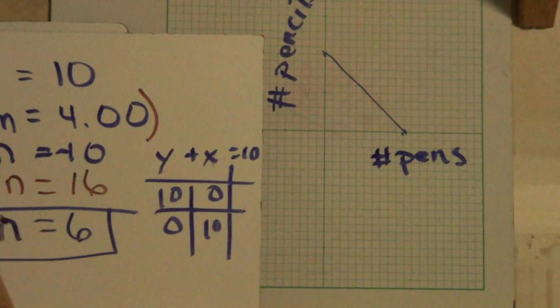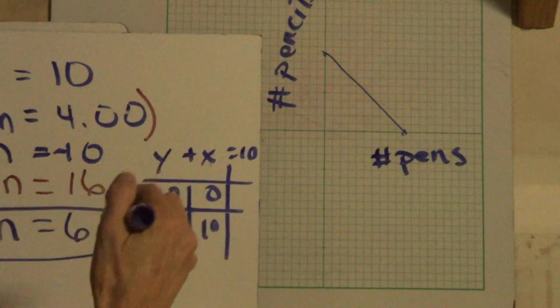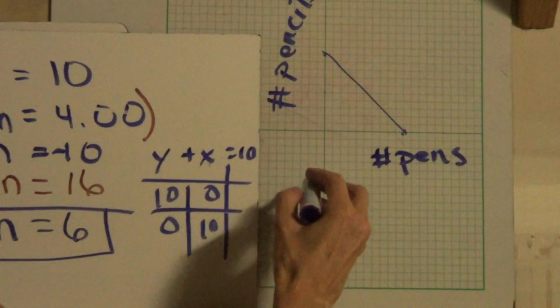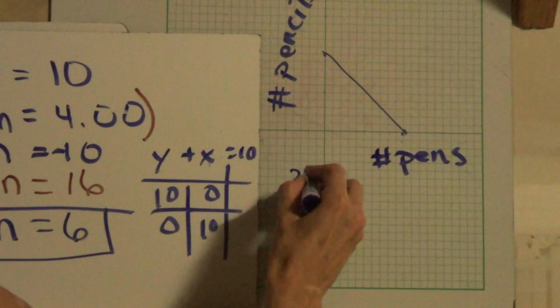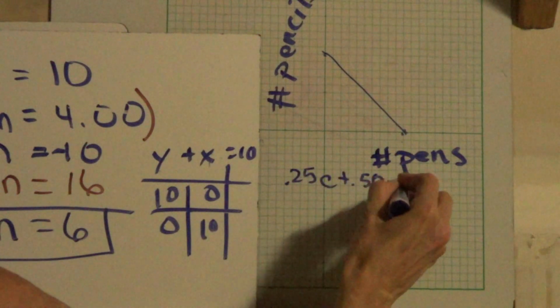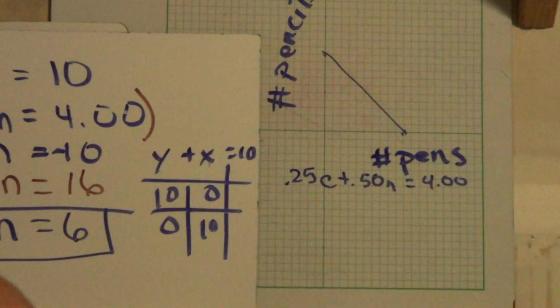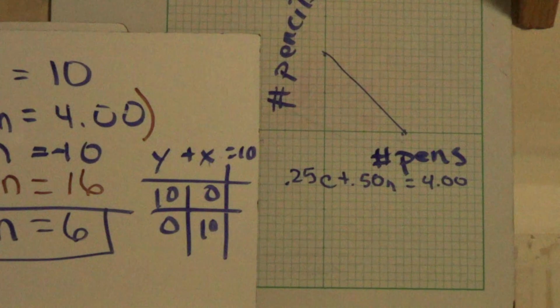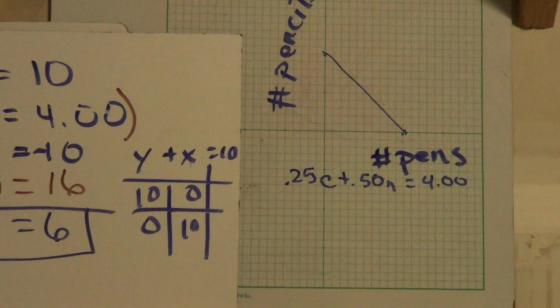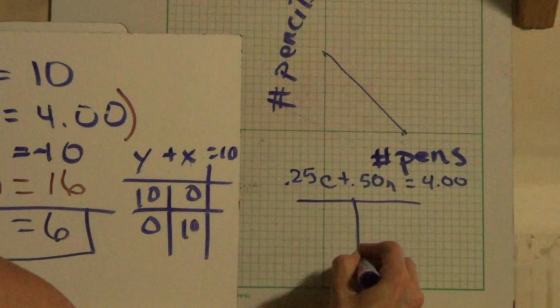Now, the next thing is my value. Okay? I can write an equation here, 0.25 C plus 0.50 N equals 4.